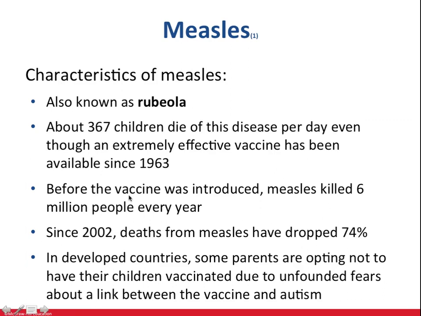Before the vaccine was developed, measles caused 6 million people to die every year, and most of them were children.